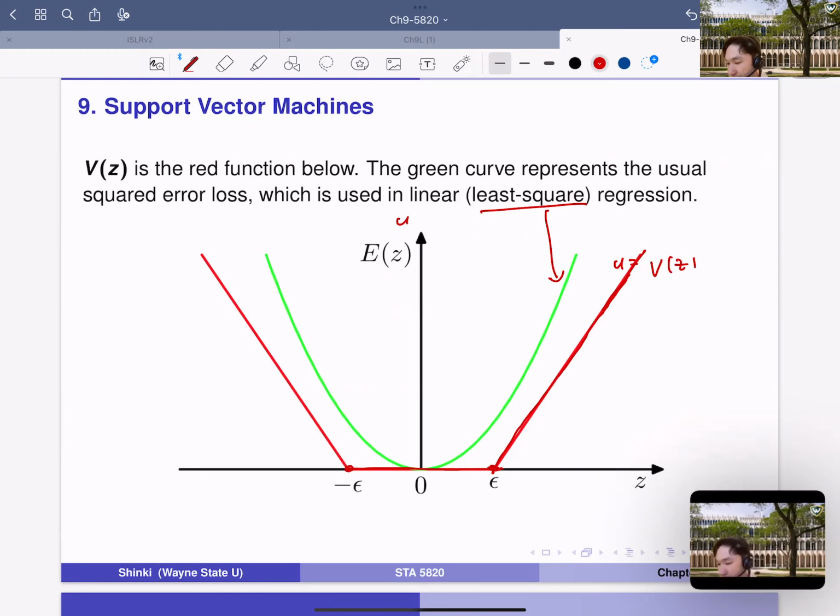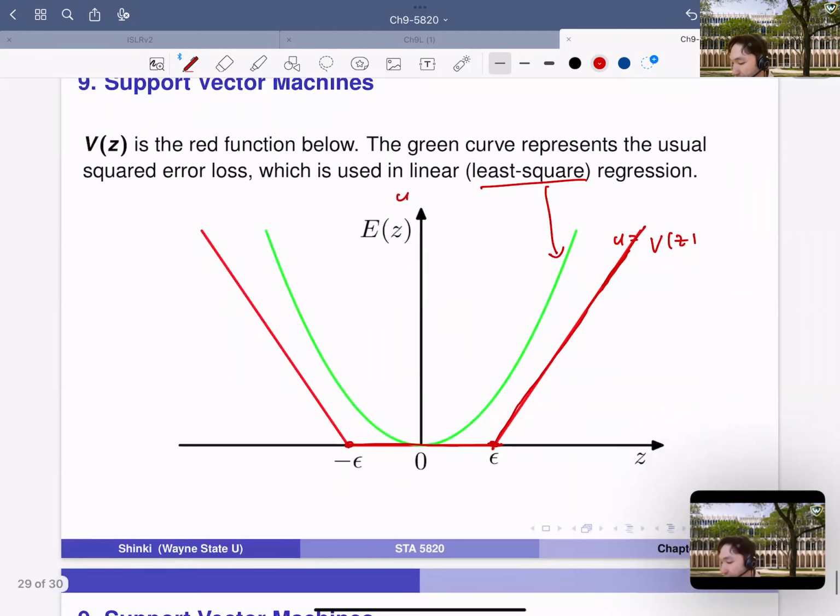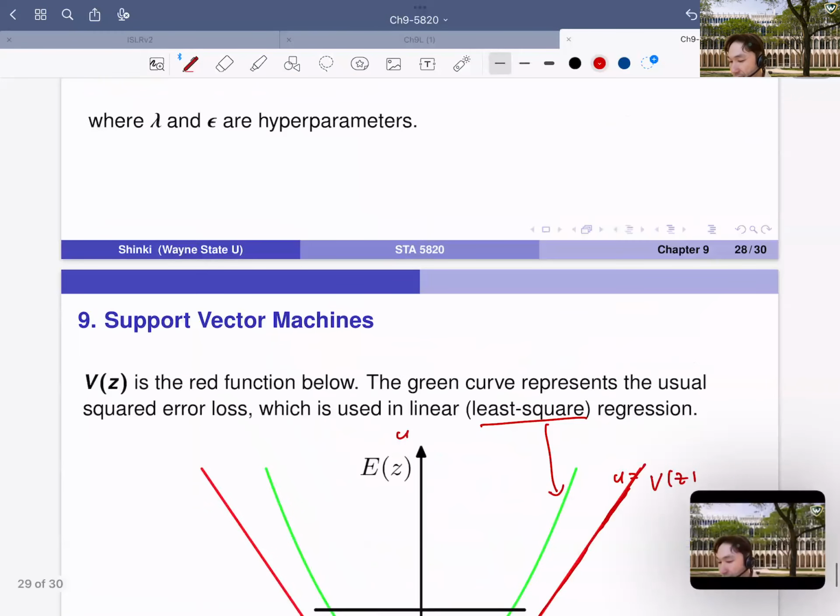But in support vector regression, the penalty is smaller. So it's similar to so-called quantile regression. Only the penalty is linear, and it's a so-called epsilon-sensitive penalty. So if the error is less than epsilon, the penalty is 0.